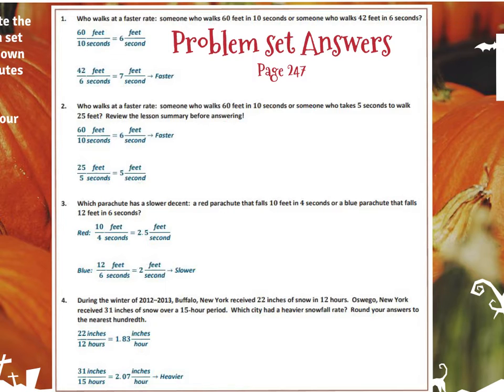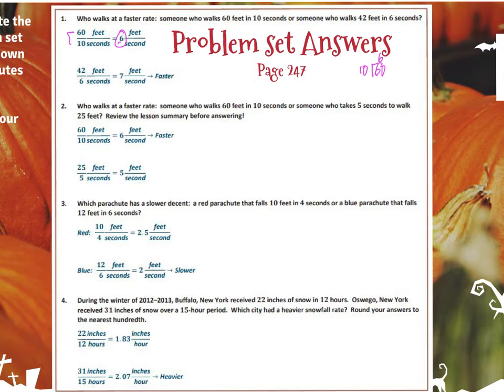So what they did is they have the 60, and they're dividing that by 10. 10 times 6 is going to give me my 60. So then we've got the 6, and we also have that the feet and the seconds carry over. So we've got that converted.